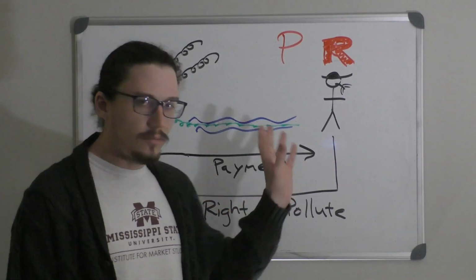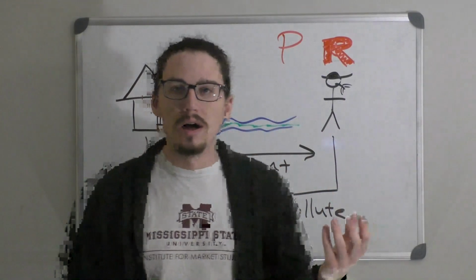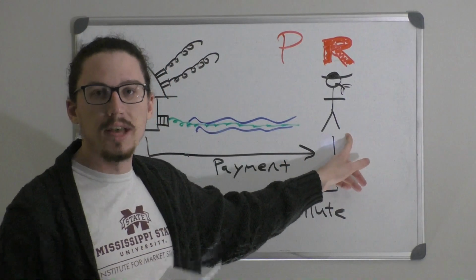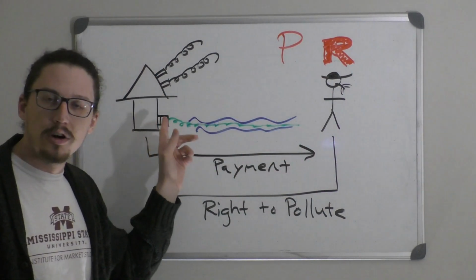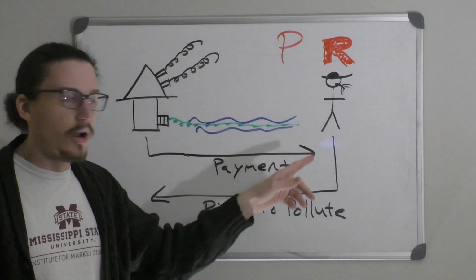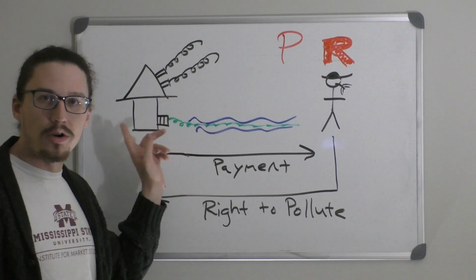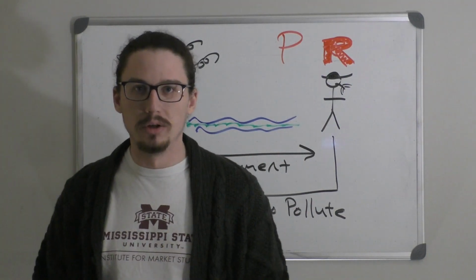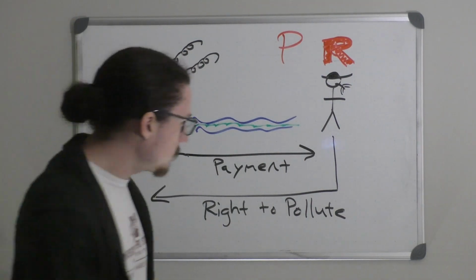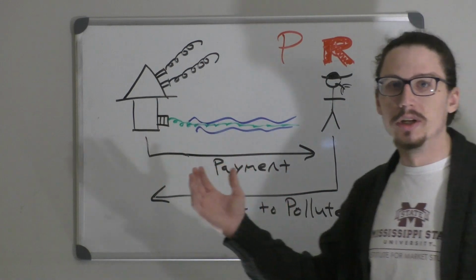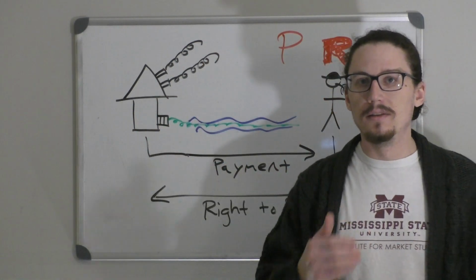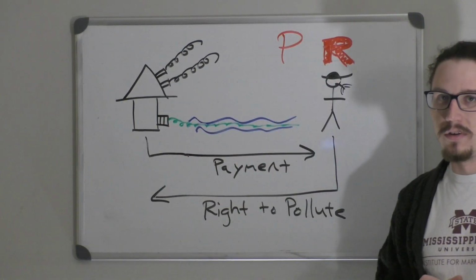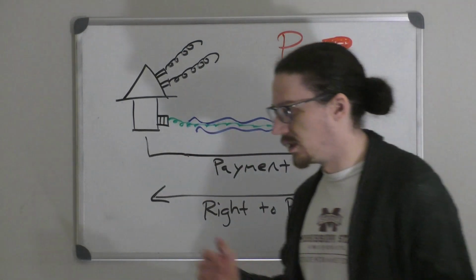So this process would continue until we got to the place where the farmer was no longer willing to accept what's offered by the firm to allow them to pollute, or the factory will not pay the farmer what they're asking for to let them pollute. Because at that point, an additional unit of pollution would be more costly than the benefit that the factory could provide to the farmer.